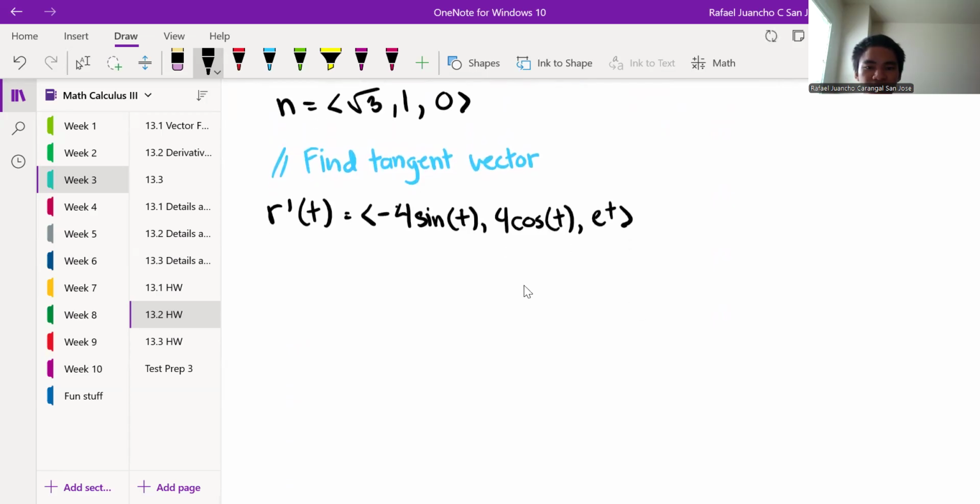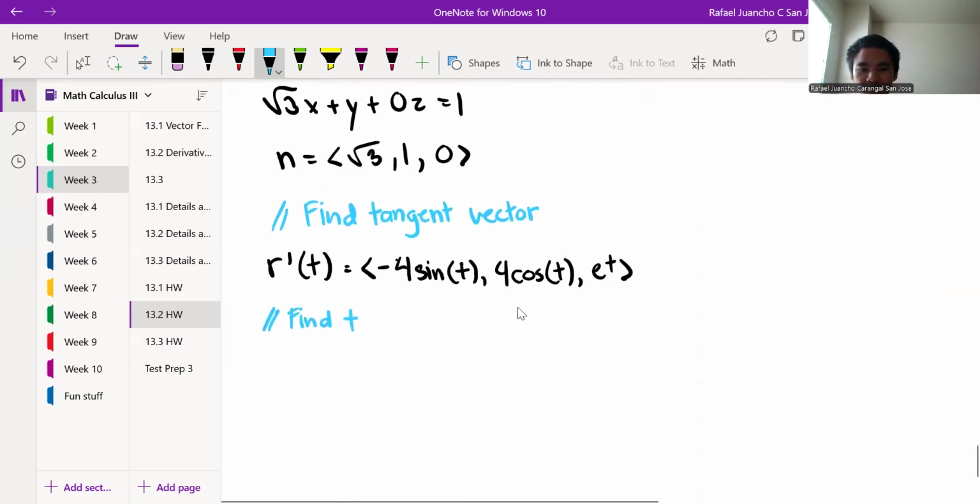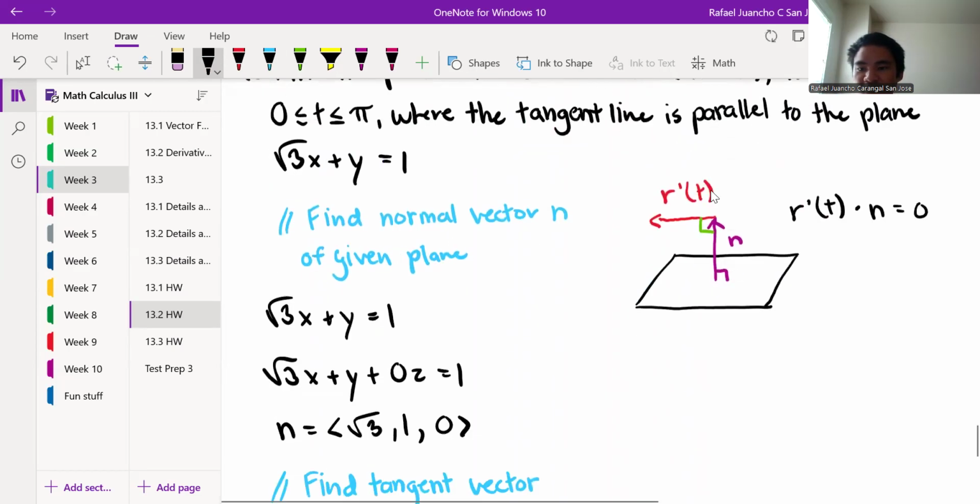Cool, done. Now what do we need to do? We find the t value that will give us a point on the curve. So here's where we use that knowledge that we explained earlier. We want to get their dot product to be 0 to find the tangent line that's parallel to this plane.